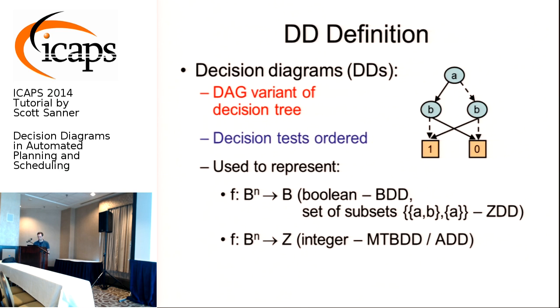Or in general, if you let the values be any integer that you can represent on a computer, then it would be a subset of the ADDs, the algebraic decision diagrams. And if your values here were real numbers, 4.35 and the square root of 2, then it would be called an ADD, the algebraic decision diagram. But decision diagrams are nothing more than, at least in this form, functions from some multivariate Boolean domain to either a Boolean, an integer, or a real range. So it's just a function representation.